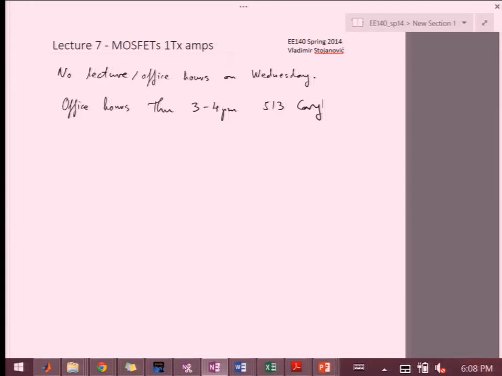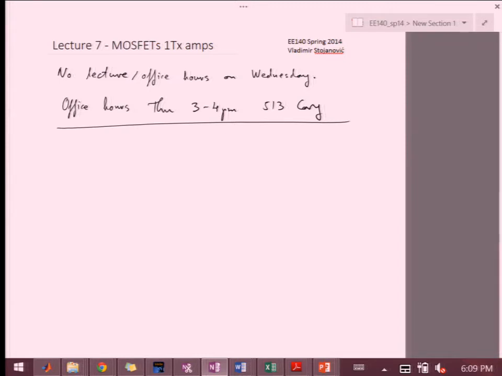Okay, so let's dive in immediately into the topic of the lecture. We're going to talk today about how we use the small signal models that we defined for the MOSFET in these single transistor amplifier configurations.